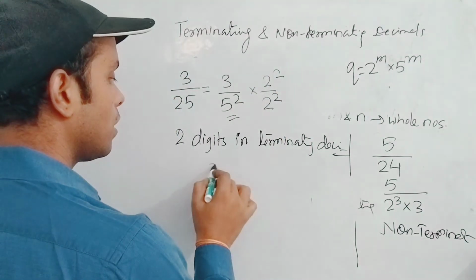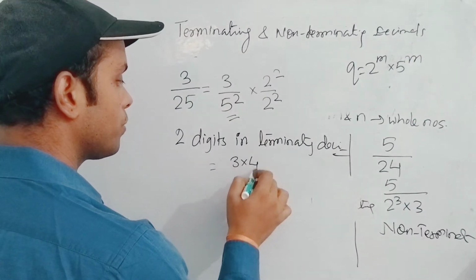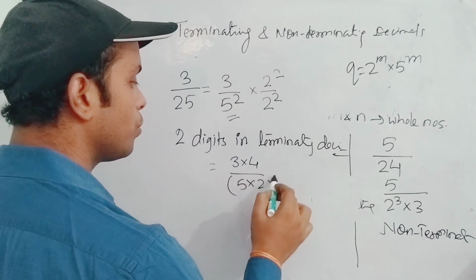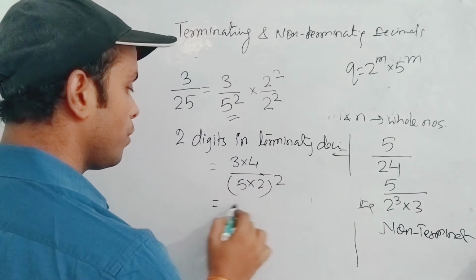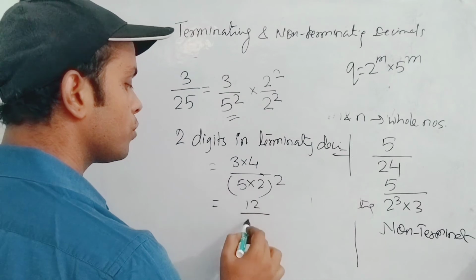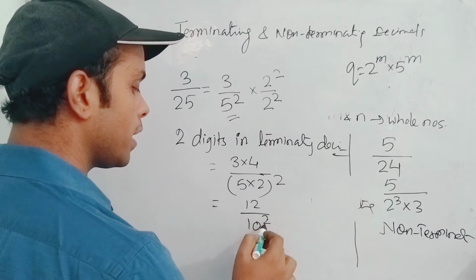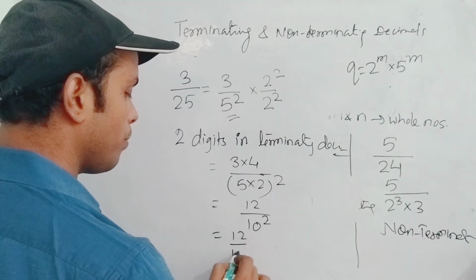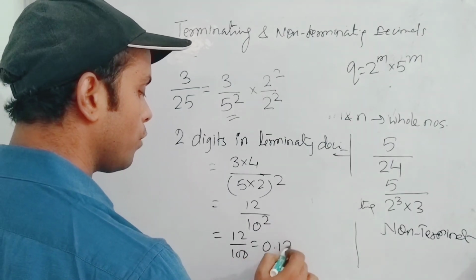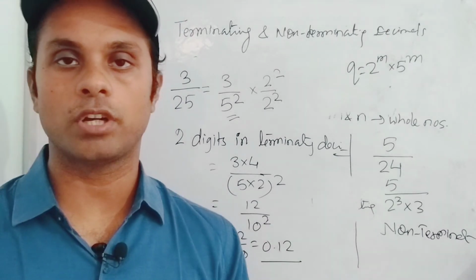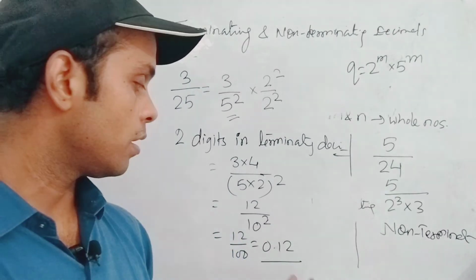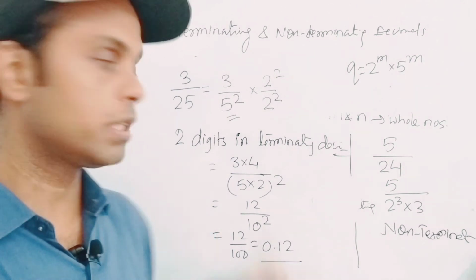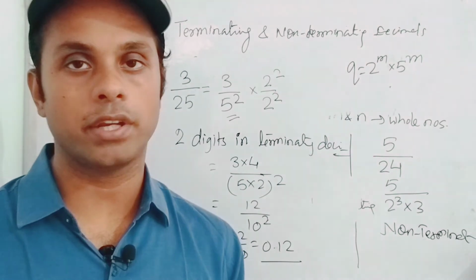Then you obtain 3 times 4, and in the denominator you obtain (5 times 2) whole square, which means 12 upon 10 square, which is 100. If you divide 12 by 100, you obtain 0.12. So it's very clear there are 2 digits in the terminating decimal.